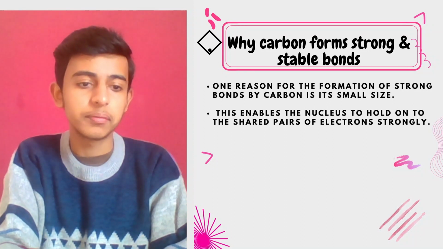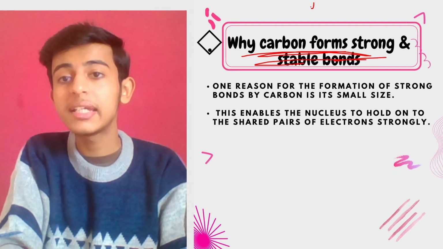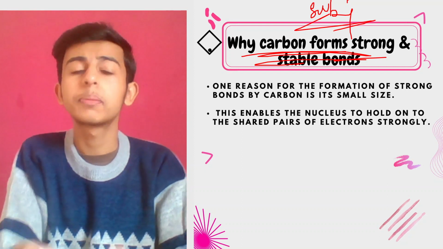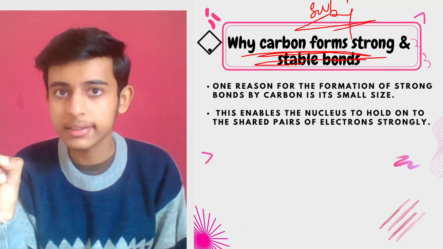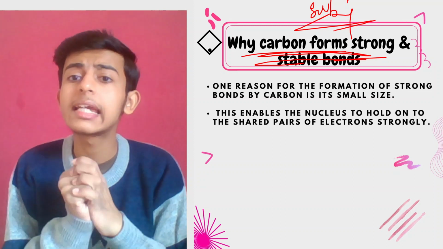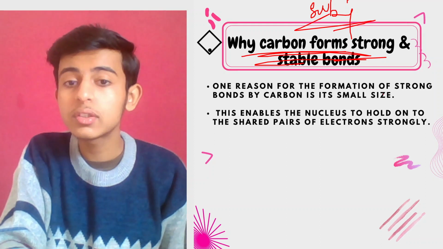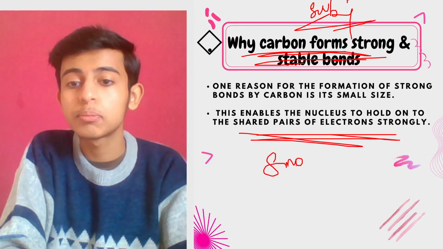Now let's move on. Now, why does carbon form strong and stable bonds? This can be a subjective question, so please pay attention. One reason for the formation of strong bonds by carbon is its small size, as I told you, so that it can get attracted easily to other atoms, right? This enables the nucleus to hold on to the shared pairs of electrons strongly because of its small size.